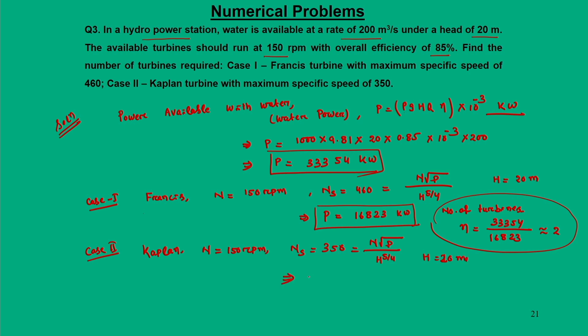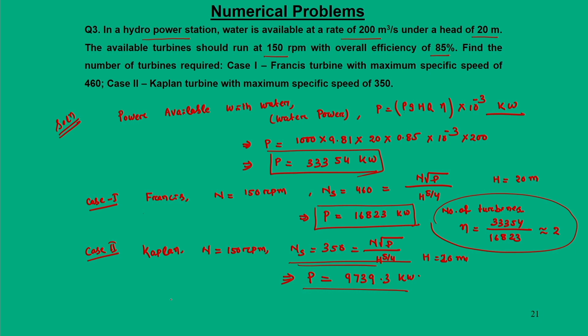So, this will give you the power developed by one Kaplan turbine would be 9739.3 kilowatt.